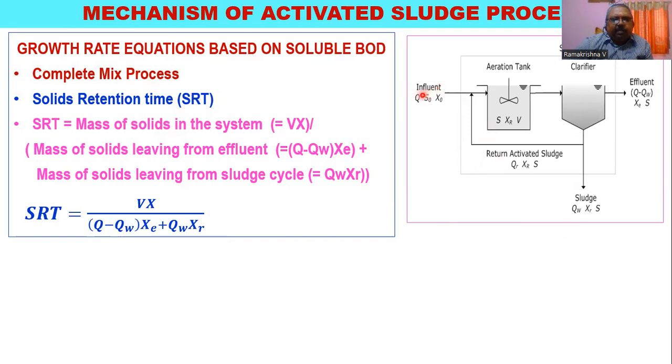The solids retention time is nothing but how much of the solids are retained in the system divided by how much solids are leaving through the effluent and how much solids are leaving through the sludge. The same thing we are writing: SRT is equal to VX, the solids retained in the system, divided by what is leaving from the effluent system and what is leaving from the sludge system, QW XR. The same SRT we are using in the equation to calculate the value of X.